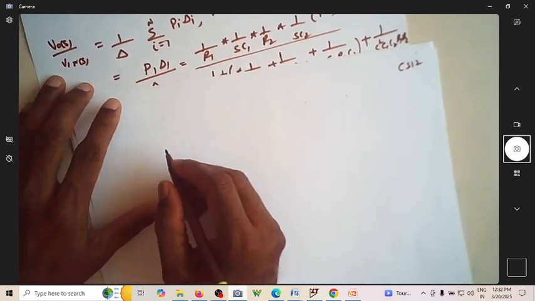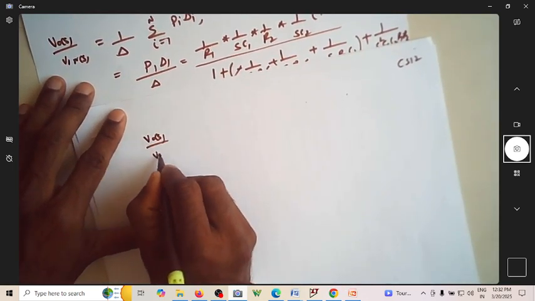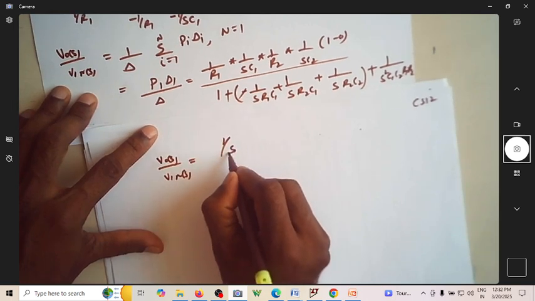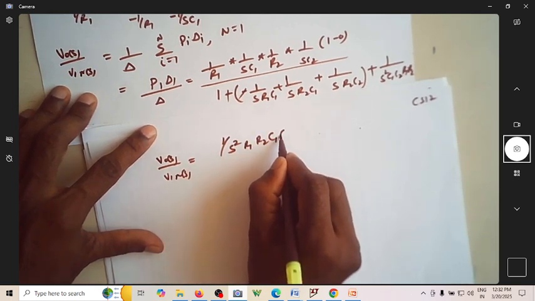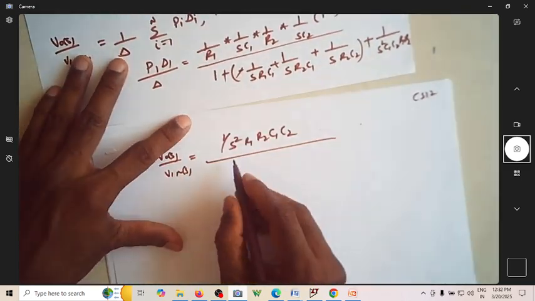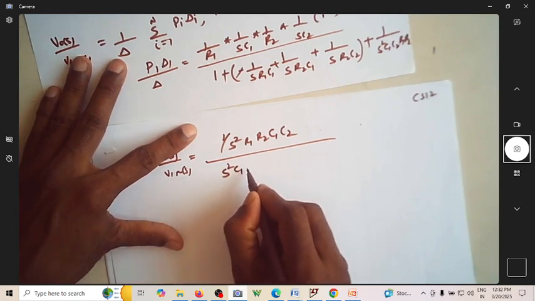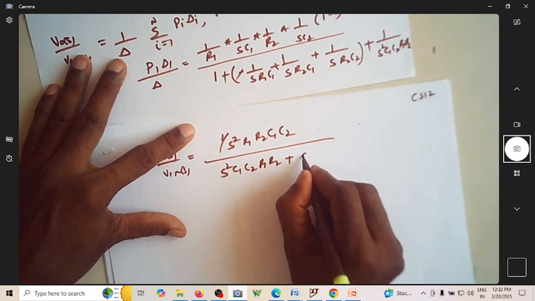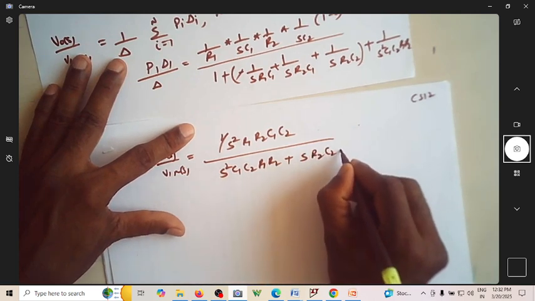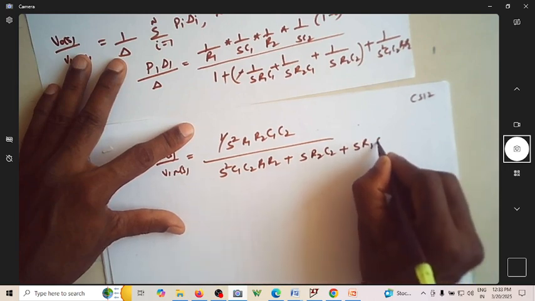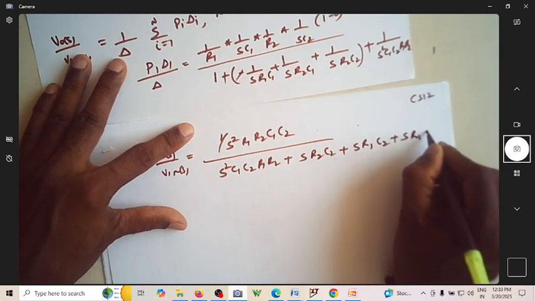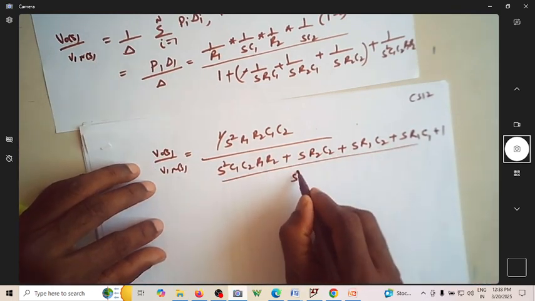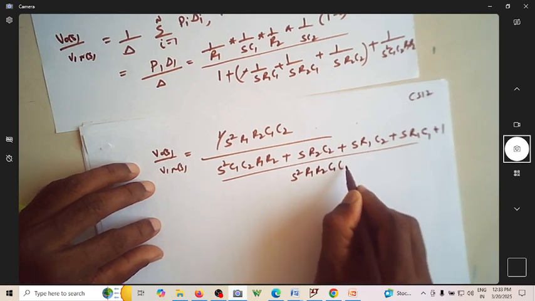V0(s) by Vin(s) is equal to 1/(s squared R1R2C1C2) divided by, if you take the LCM, s squared C1C2R1R2 plus s into R2C2 plus s into R1C2 plus s into R1C1 plus 1, of course divided by s squared R1R2C1C2.